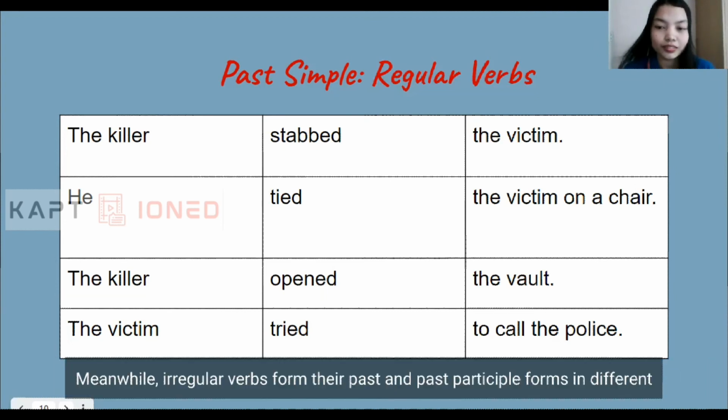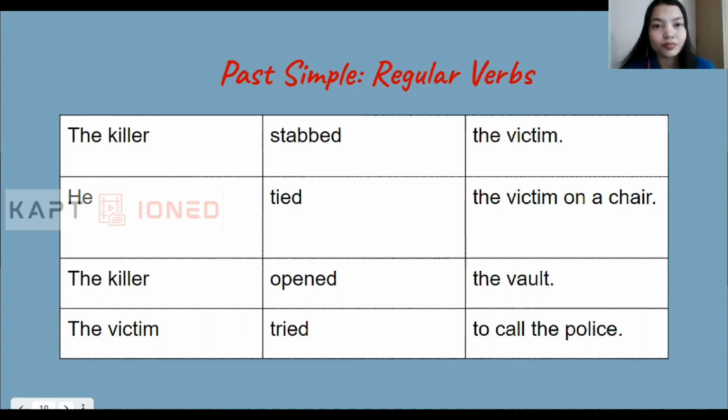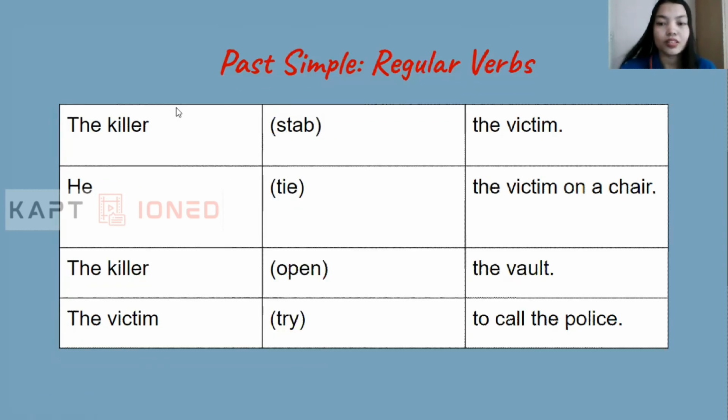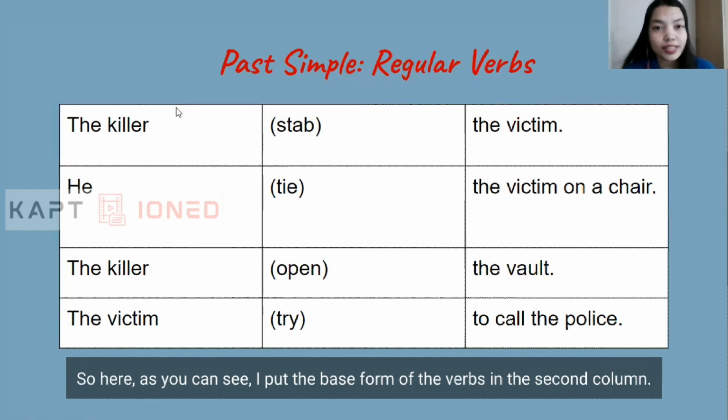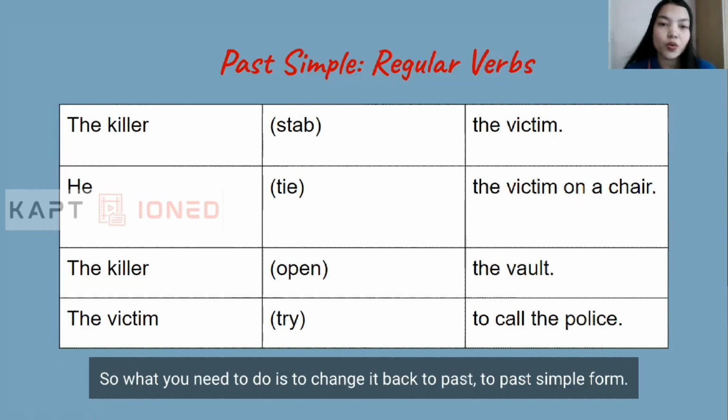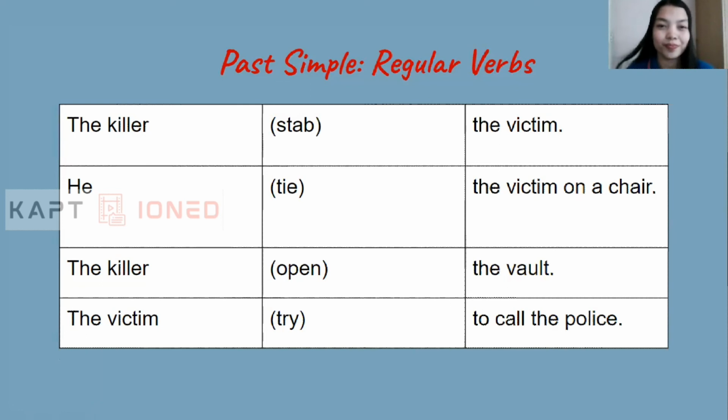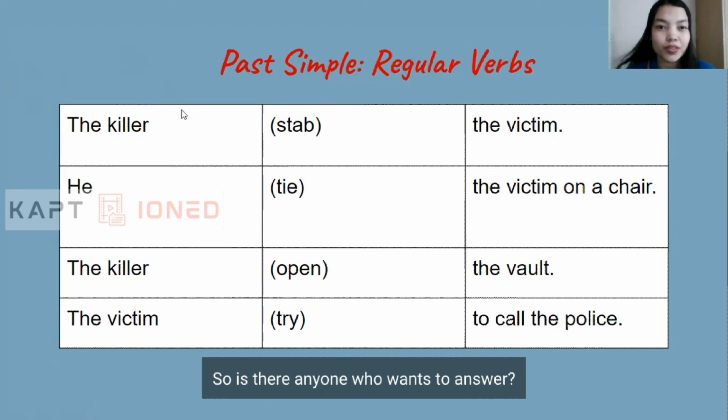Meanwhile, irregular verbs form their past and past participle forms in different ways po. Okay, very good. So here, as you can see, I put the base form of the verbs in the second column. What you need to do is to change it back to past simple form. So is there anyone who wants to answer?